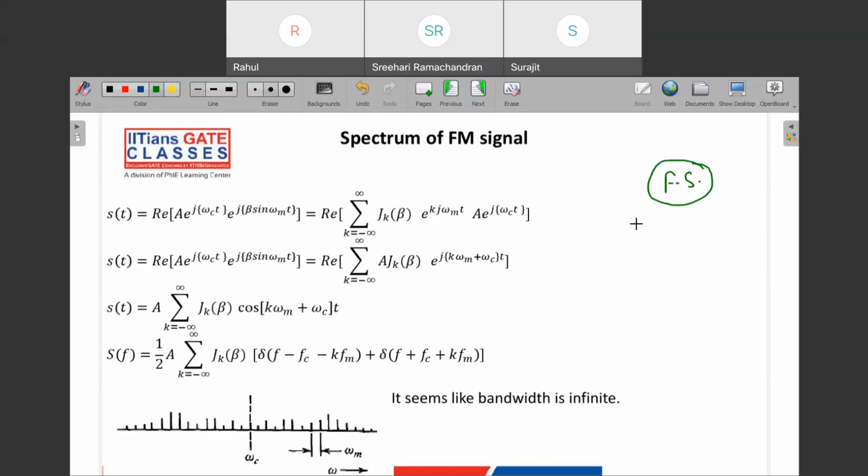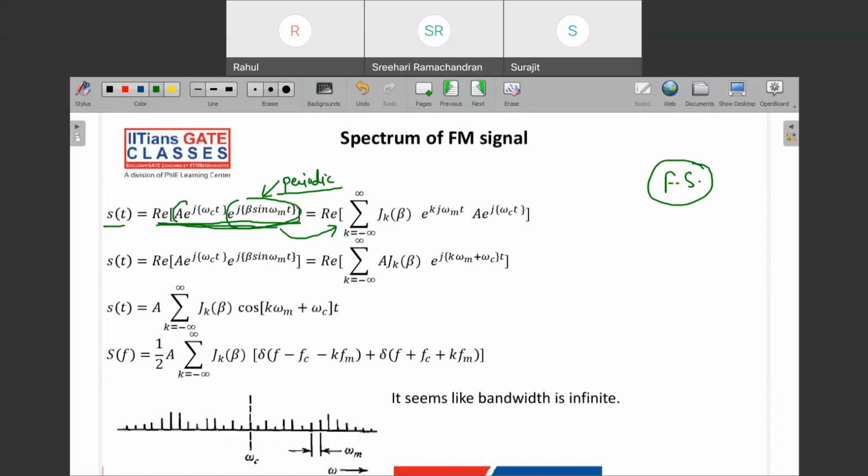Here I am assuming the message signal to be a sinusoidal signal. Once it is sinusoidal, you can write the modulated signal like this. If you see this term, it is a periodic term, and since it is periodic, you can calculate its Fourier series. Once you calculate it, this is how it is going to look.